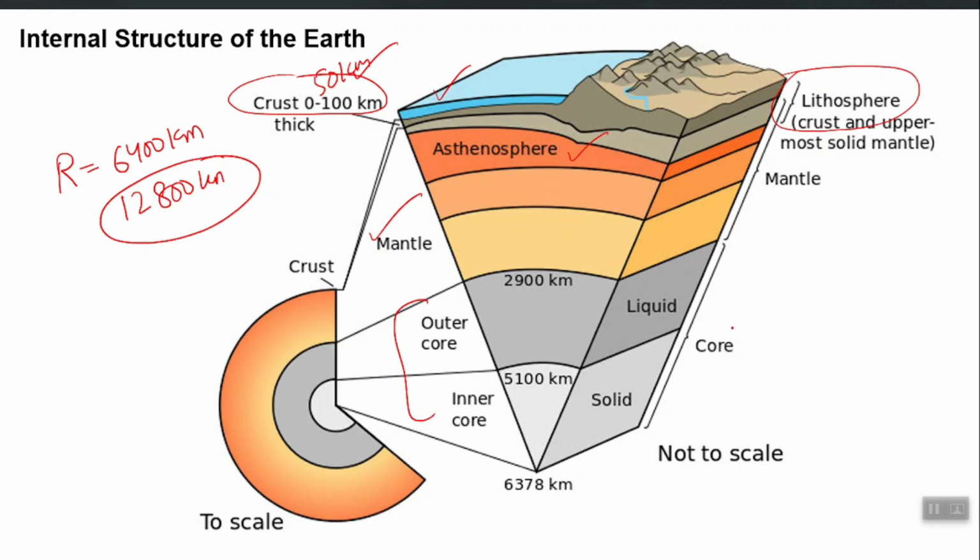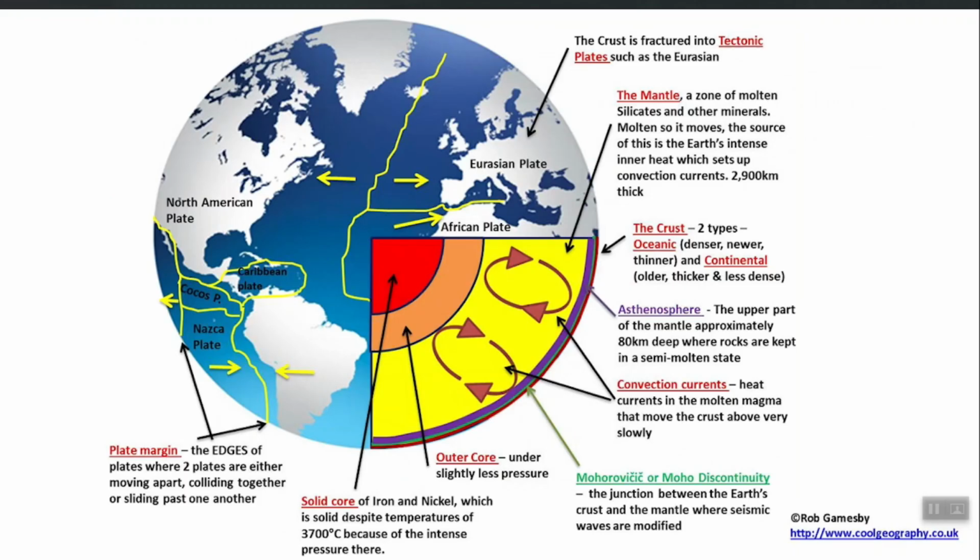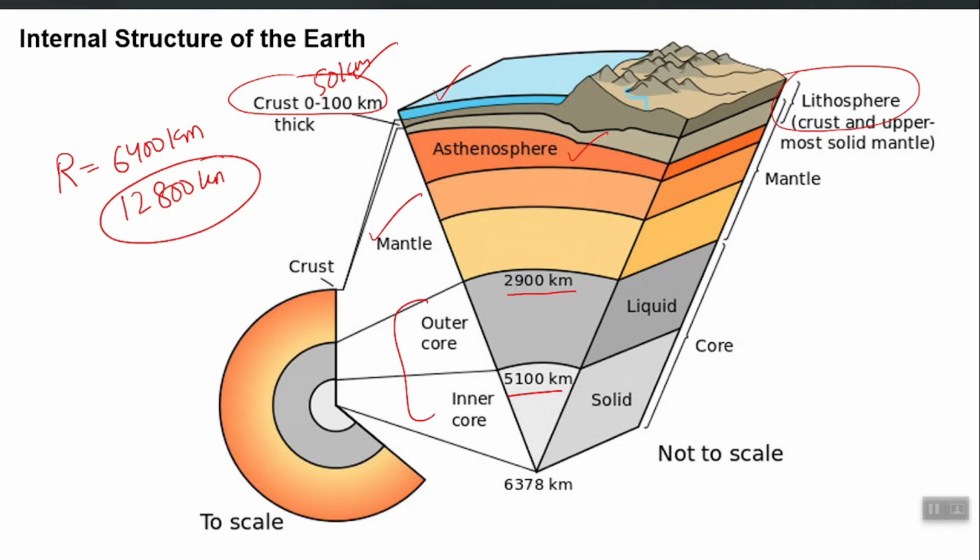Then we have around 2900 kilometers, the start of the outer core, and then 5100 kilometers from the surface, the start of the solid inner core, right. So all the oceans, continents, mountain ranges, everything is on crust, right.